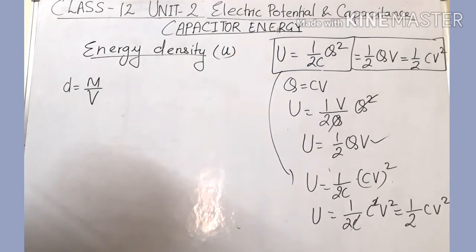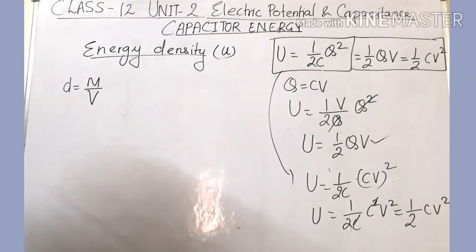Number density means what? Number per unit volume. So energy density is energy per unit volume. So these are some terms that you can easily find the formula for by their name only, like the gradient terms, like the rate term. Gradient means what? Anything divided by distance.